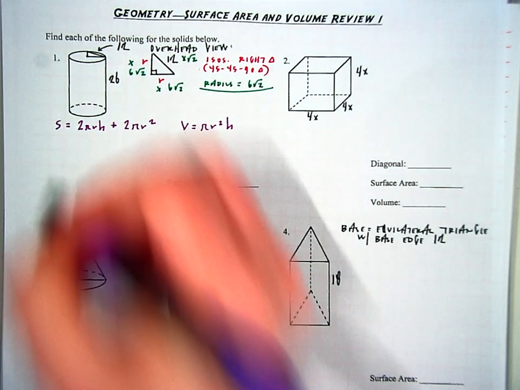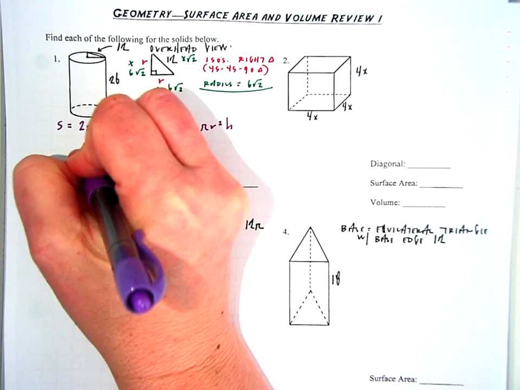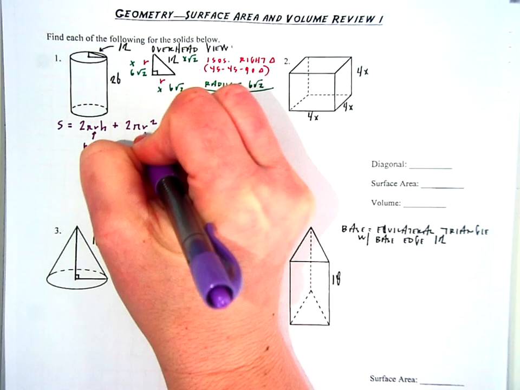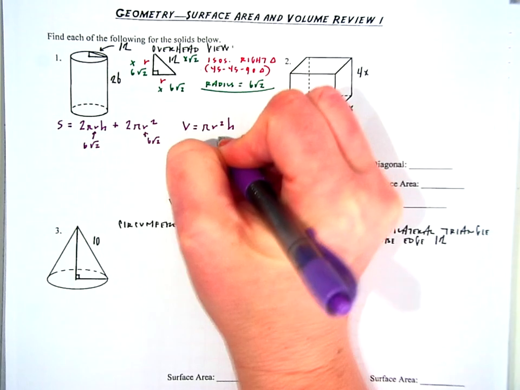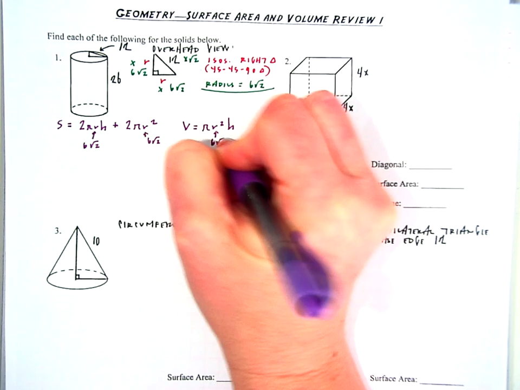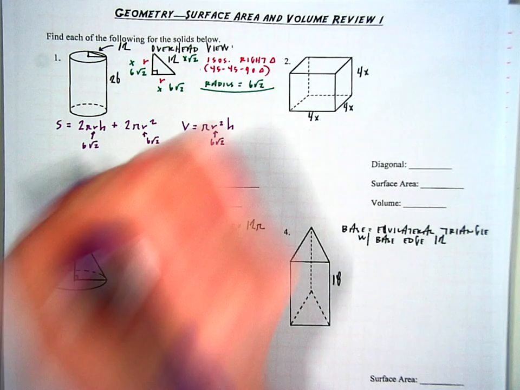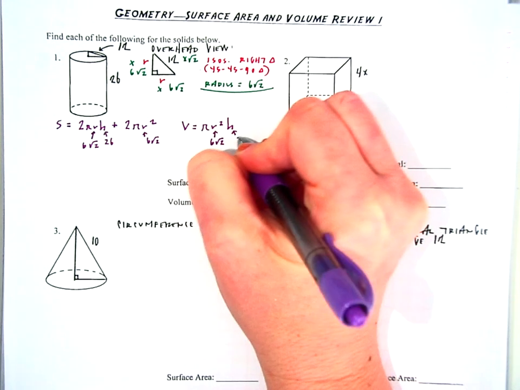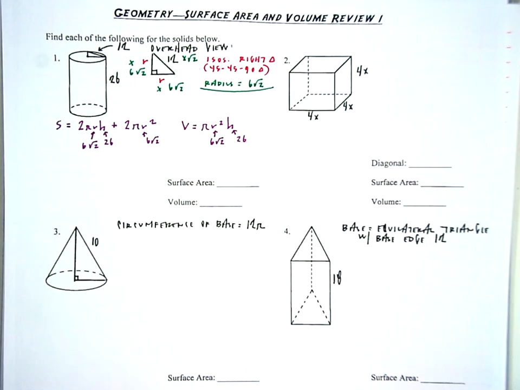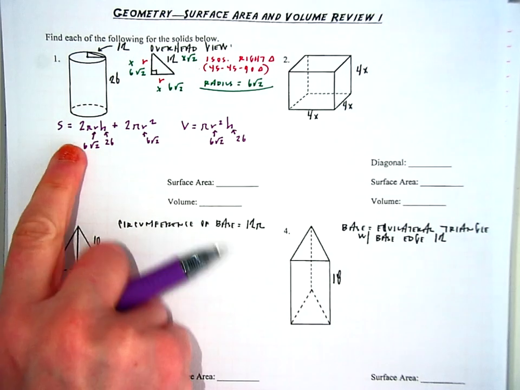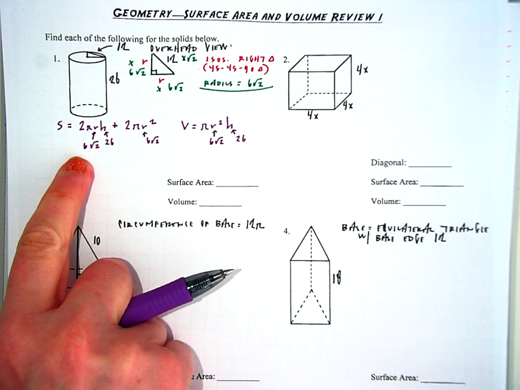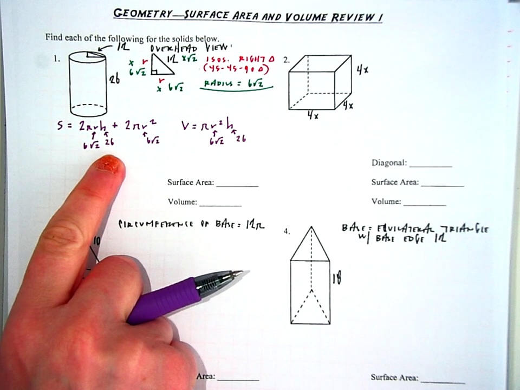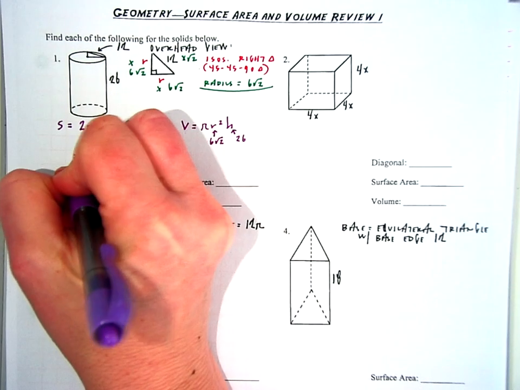So I'm going to plug in for the radius, the 6 root 2. I'm going to plug it in everywhere I see the r. And then my height is 26. All right, so looking over here at surface area, I'm taking 2 times 6, so 12 times 26, and I get 312.